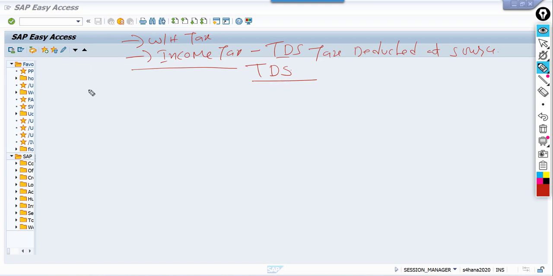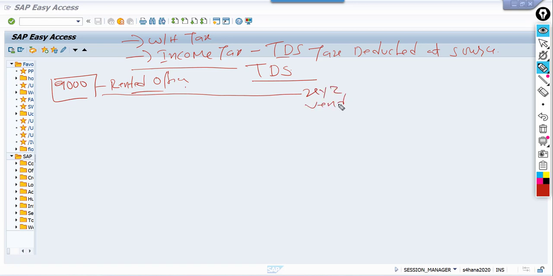See, our company code is 9000. We are operating from rented premises. So for this, we are paying to XYZ vendor an amount of 50,000 per month towards rent.